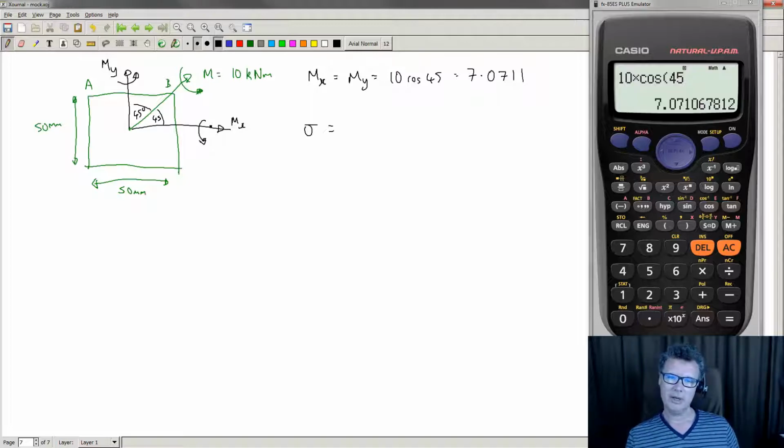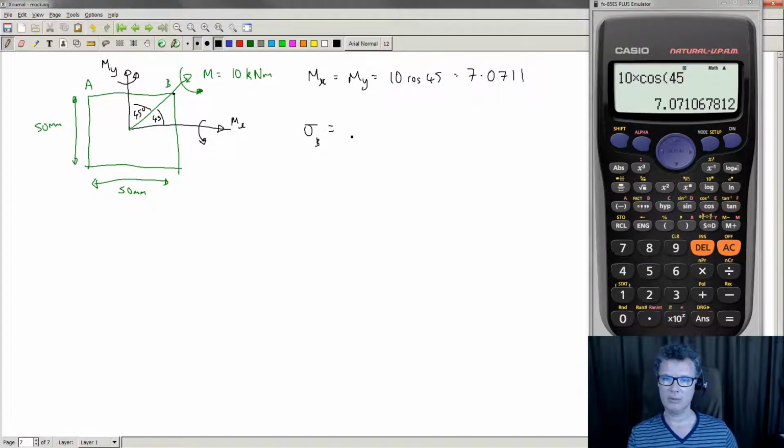Well, if we're now looking at our two components of turning moments, this one here is kind of pulling at this point B. It's pulling it away from the page, whereas this turning moment is pushing it into the page. So the overall stress that we expect to see at this point here is going to be 0.